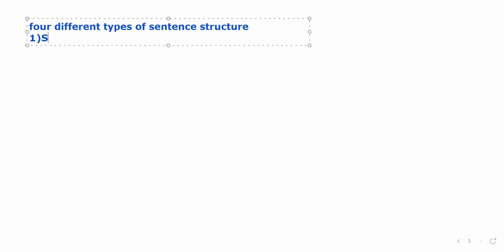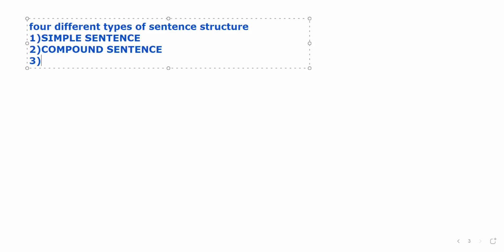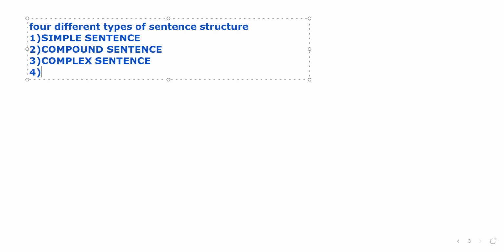The second is the compound sentence. Then we have the complex sentence. And the last one is the complex compound sentence. This sentence structure is very important in writing and in speaking. Through it, you will get to know how you can use punctuation and how you can use connectors.